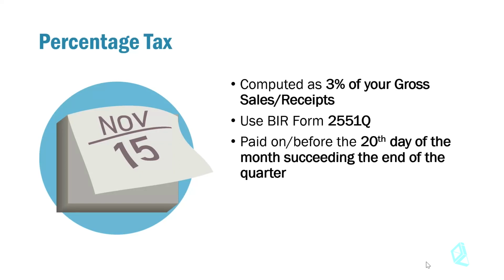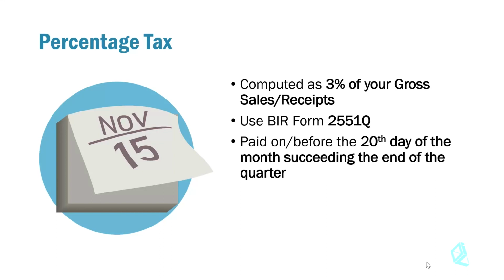Okay, so percentage taxes are paid on a quarterly basis. And you make use of BIR Form 2551Q. So you notice the Q there, that means quarterly. And it is paid on or before the 20th day of the month succeeding the end of the quarter. What does this mean?